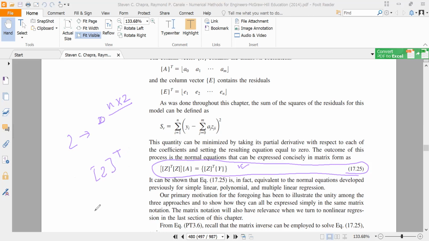The multiplication would not be possible because this is not a square matrix, so you have to transpose the matrix. The transpose matrix will have dimension 2 by n.